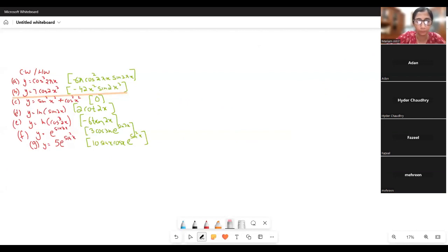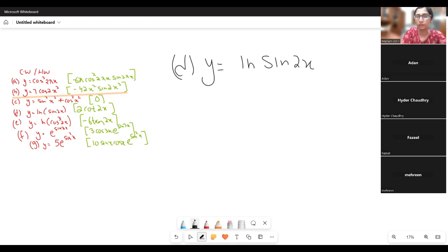Okay. Part D, which is y equals ln sine 2x. So we know that the derivative of ln fx is 1 over fx times f prime x, the derivative of fx.